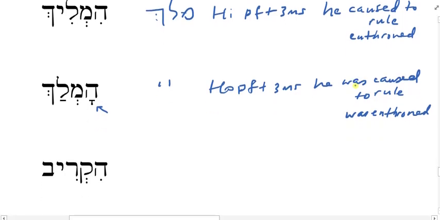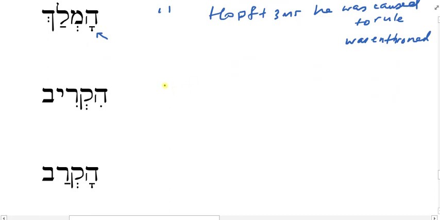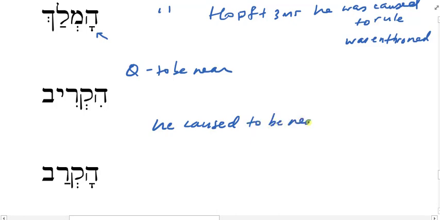All right, and then karav is our verb in the Qal that means to be near. Okay, so hikriv in the Hiphil is to what? To bring near, to cause someone to be near. So how would I translate hikriv as a Hiphil perfect 3ms? He caused someone to be near. All right, another way to say that is he brought near, or even he presented.